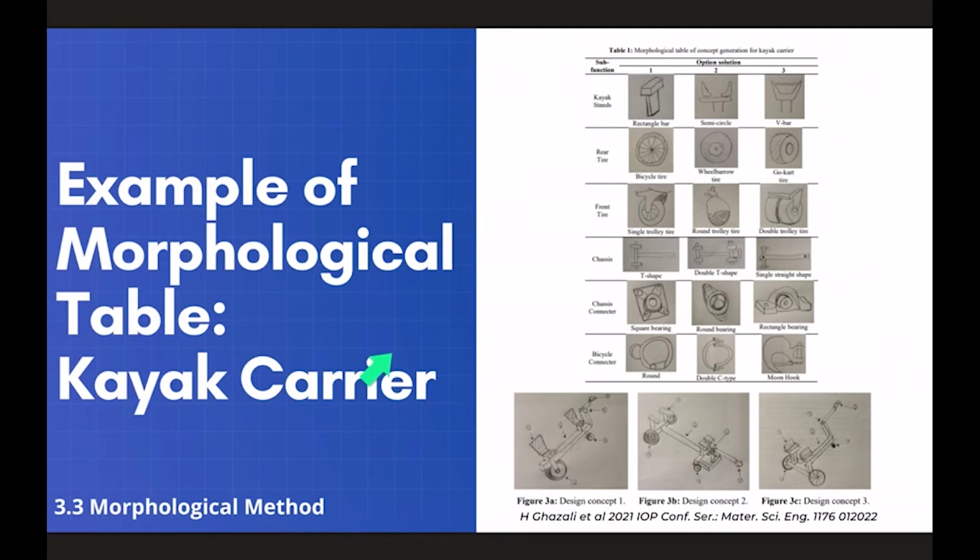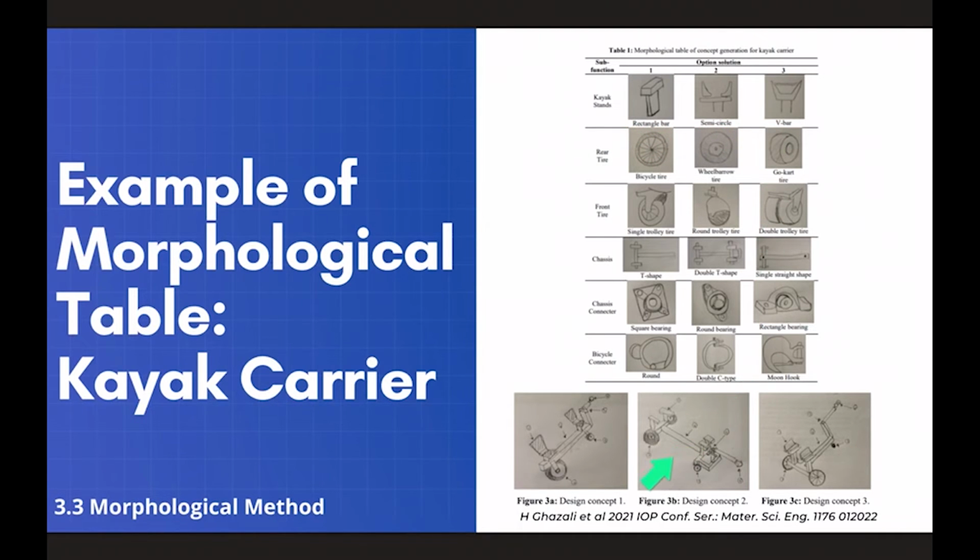This is the example of a kayak carrier also. The configuration is the same, where the left column has the list of sub-functions: the kayak stand, rear tire, front tire, chassis connector, and bicycle connector. And then the right side column has the option solutions. For the kayak stand, the option solutions given are rectangular bar, semicircle, or V bar.